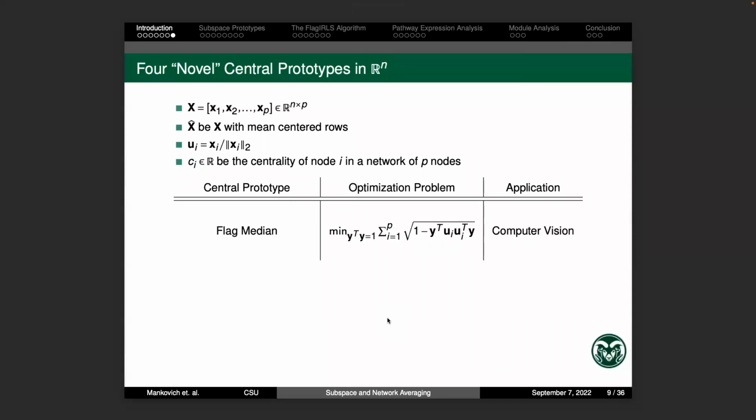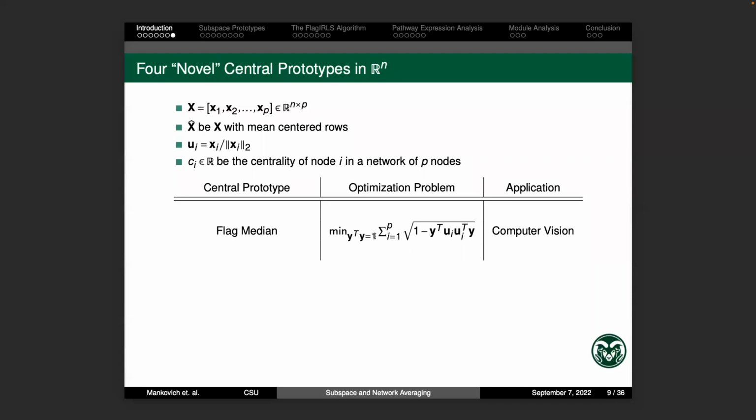Okay, so the first one is the flag median. And again, we're thinking about this as a prototype in Rn. We have this unit vector constraint in our optimization problem. So in this sense, we're trying to minimize this function here, but over all points y in Rn that are unit vectors, or y transpose y equals 1.